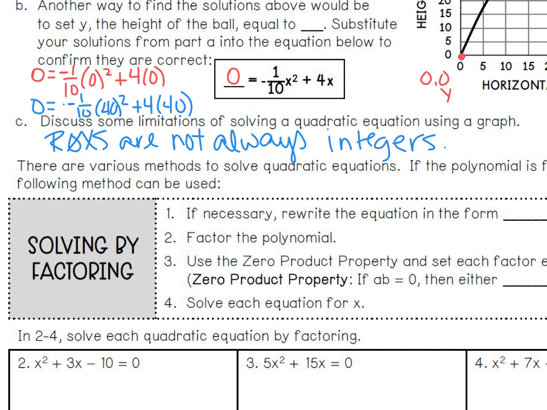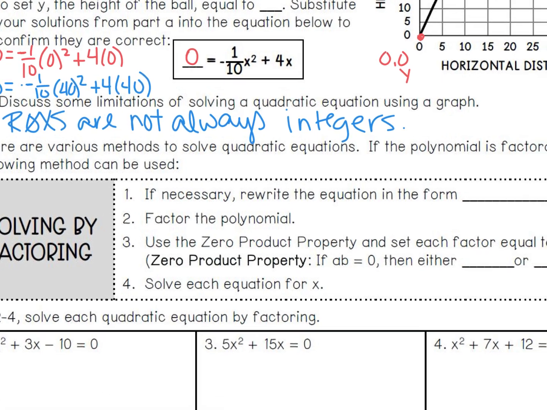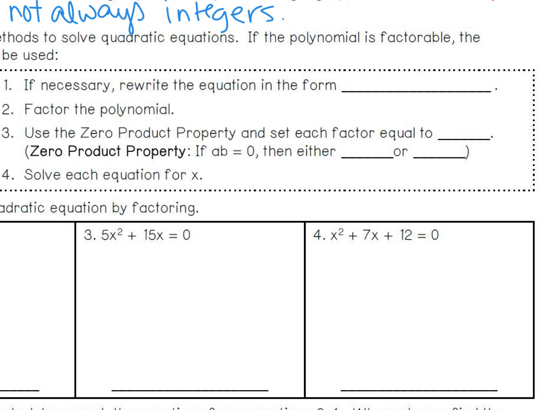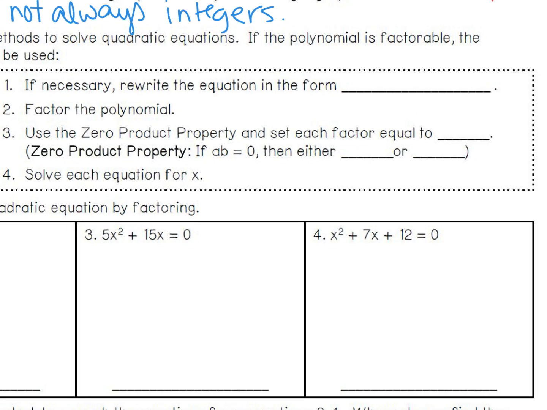So a way around that is going to be one of the methods we're going to look at today, and we'll look at some more methods this week as well. So if a polynomial is factorable, then we can use factors, right, backwards box, to get these answers.